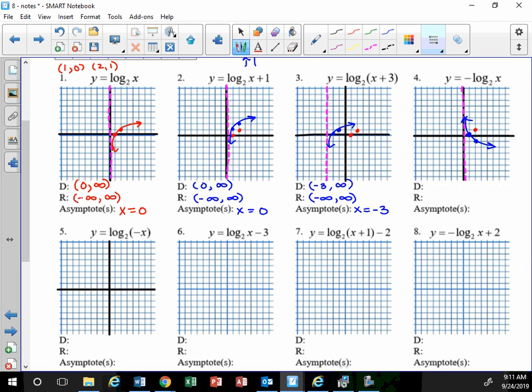I think the shape is harder for you guys to see with the reflections with logs than it is with exponentials. You've just turned it upside down. The domain is still 0 to infinity. Range, negative infinity to infinity. Asymptote x equals 0.